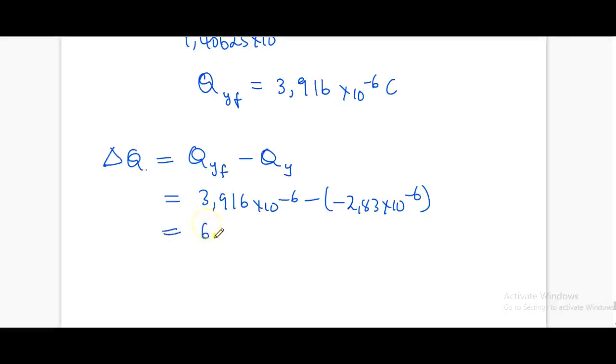So that is 6.746 times 10 to the power minus 6 coulombs.